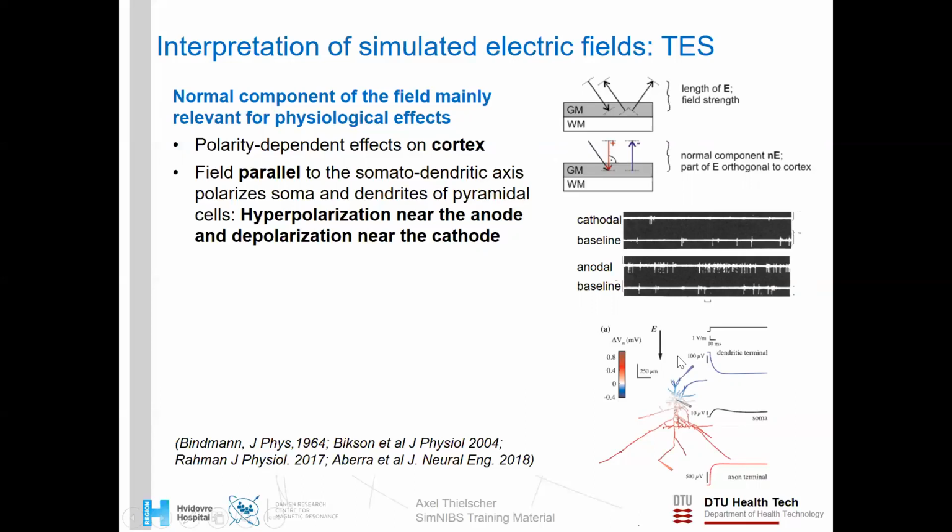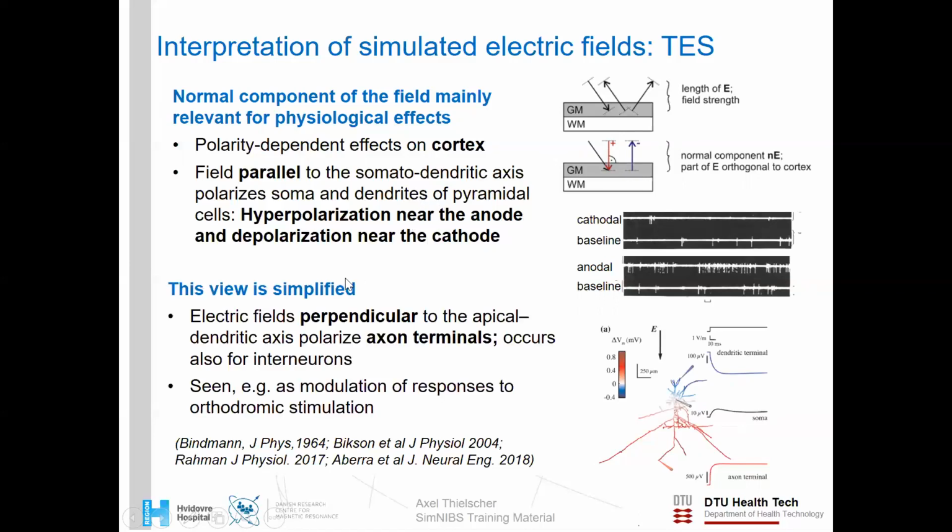So there we expect a certain directional effect depending on the normal component of the electric field, and that's why it can be useful to also look at the normal component instead of only the electric field strength. Again, physiology is quite complex, so this view is simplified.